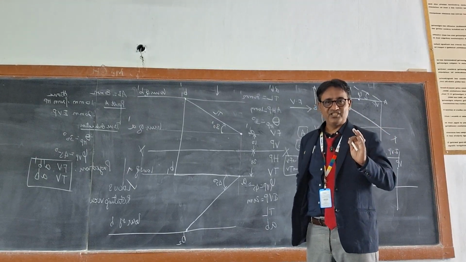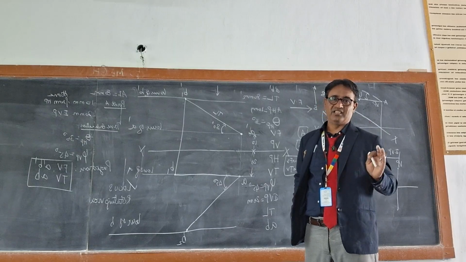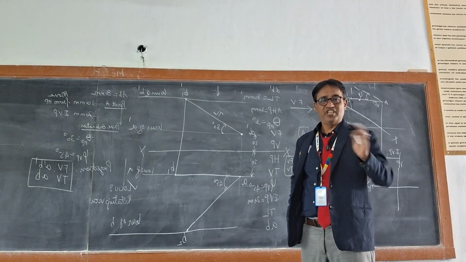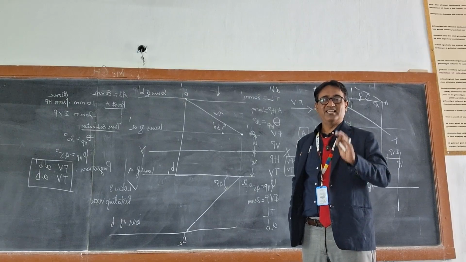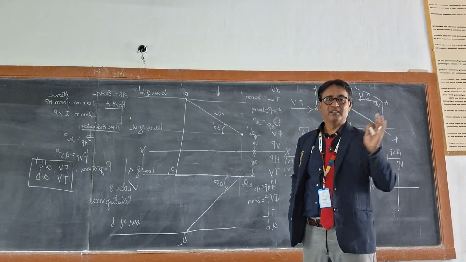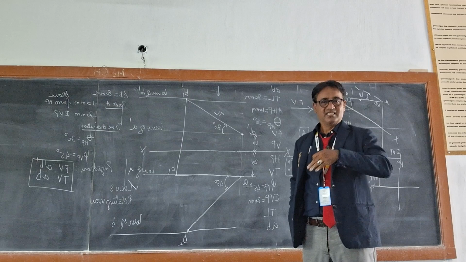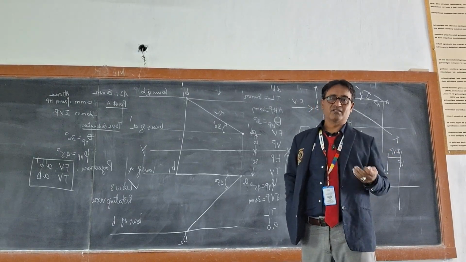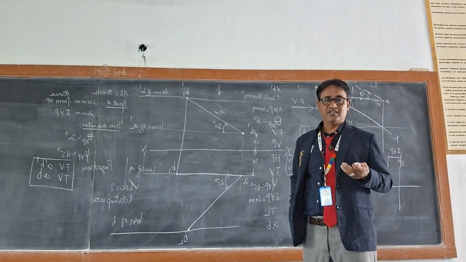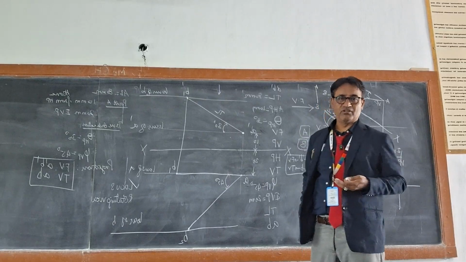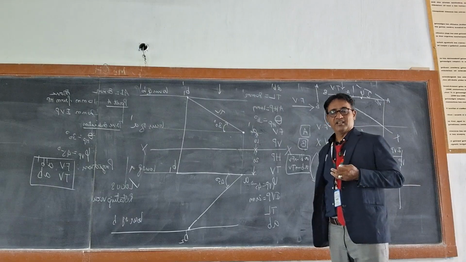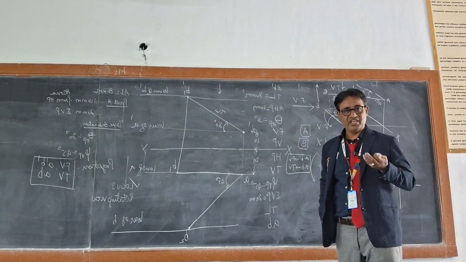So any inclination leads to reduction in length if it is a line. And if it is concerned with a shape, then there will be reduction in the area, whether it is a circle, which will become an ellipse, or a square, which will become a smaller square. So depending on the entity which you are going to analyze, there will be some reduction in terms of size, some distortion in terms of shape.